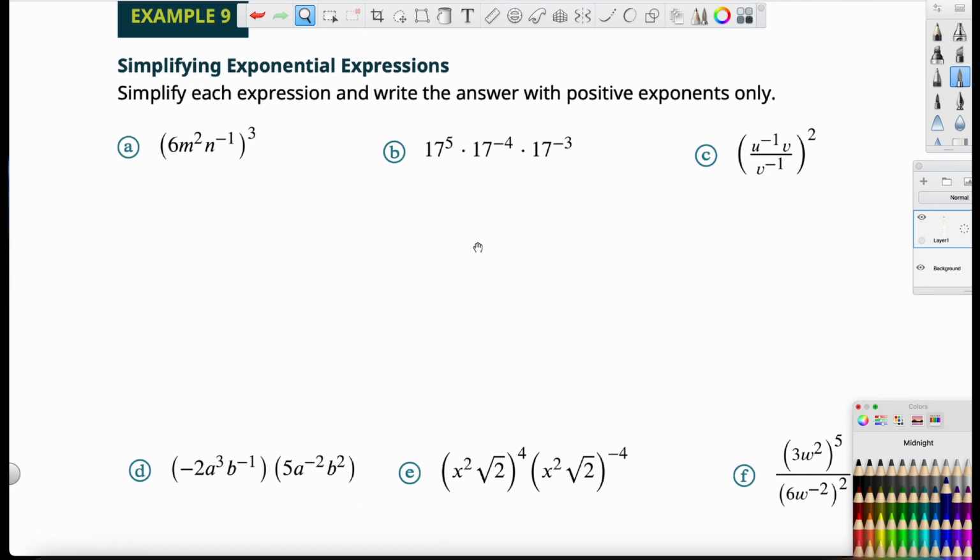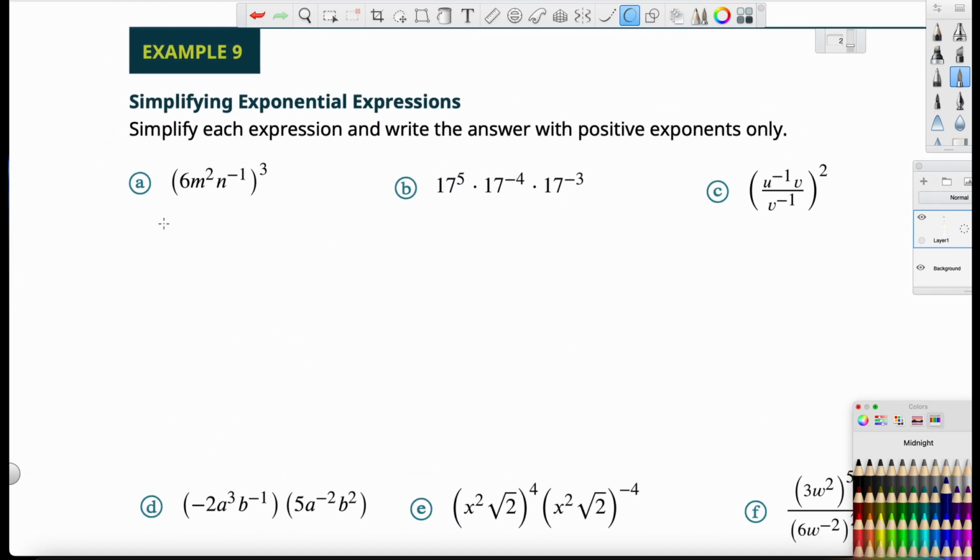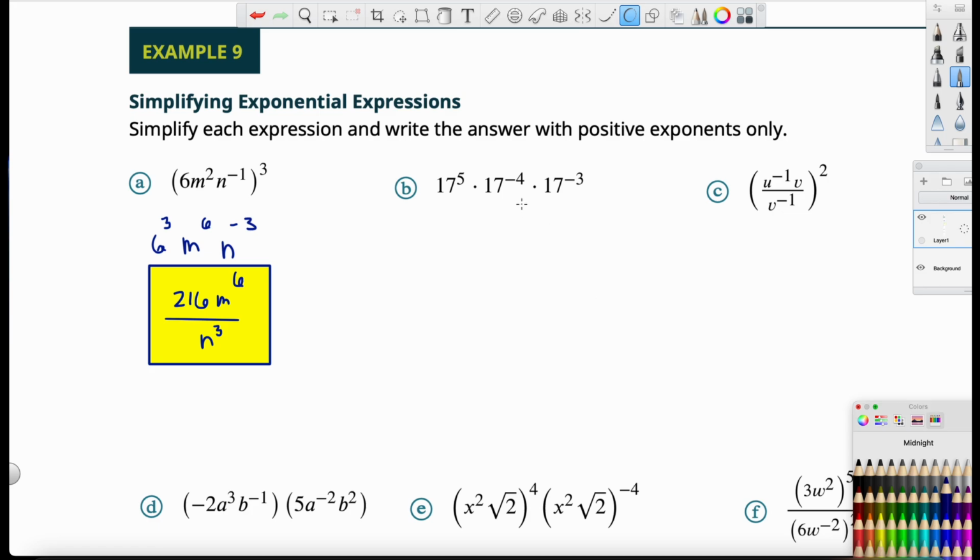Last example set here, we're going to simplify and write using positive exponents only. Don't forget to distribute on the constants here. 6, we can write as 6 to the first, so we're distributing 3 times 1. That expands to 216. We'll write the n as a positive exponent.